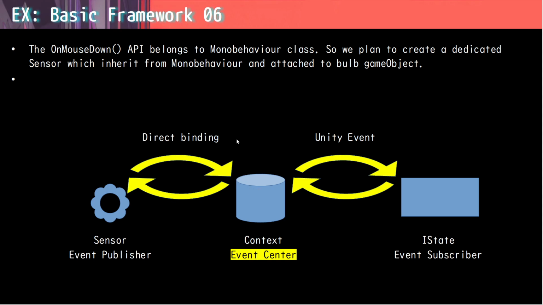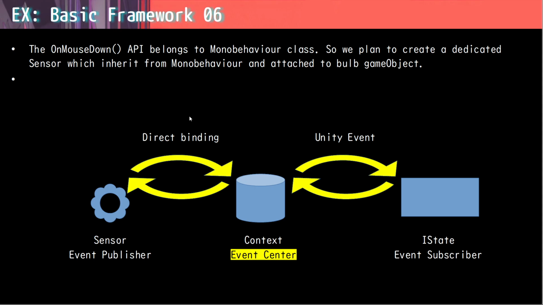So this should have a double binding before the call, and we will introduce the idea. And these two roles communicate together through the event system. They are using the Unity event. So of course, you can switch from direct binding to Unity event.